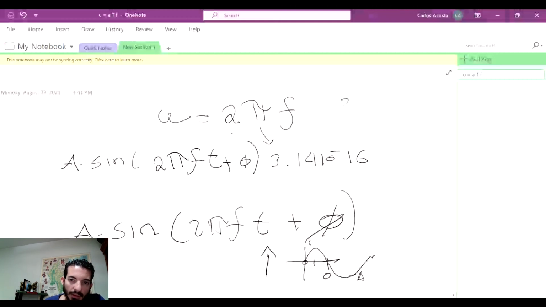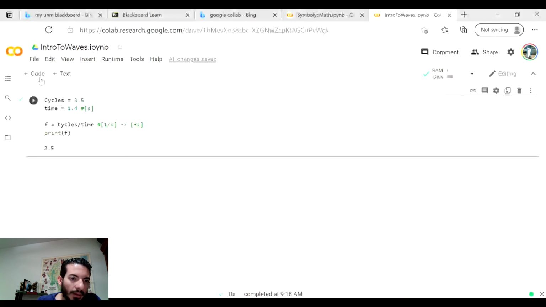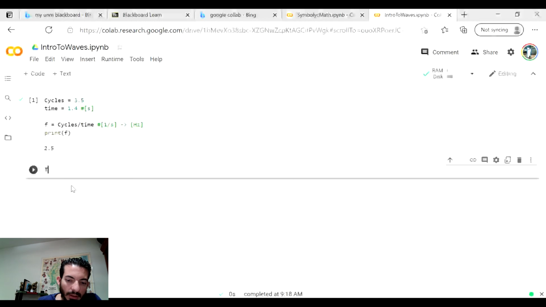Let me write down 314 equals 2 pi f. So 314 divided by 2 pi equals... let's do it in code.